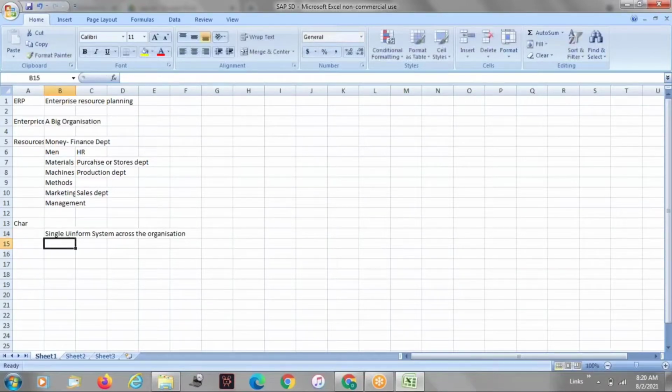Okay, so in general, the characteristics, as of now, are these. It is a very much integrated system, which means every department can be integrated with other systems, or can talk with other systems much more easily. You can get the data in a much easier way compared to maintaining anything other than an ERP system.